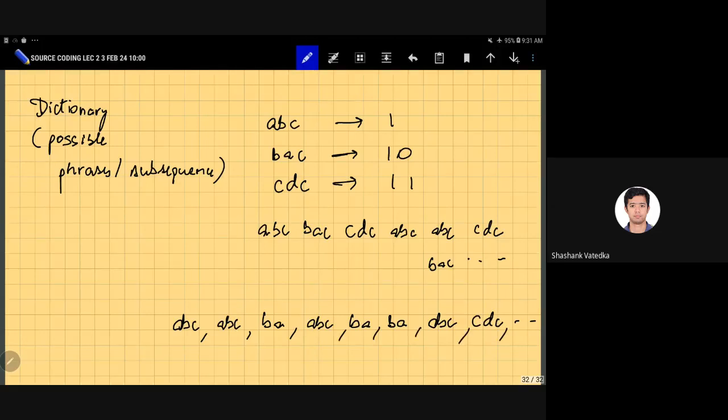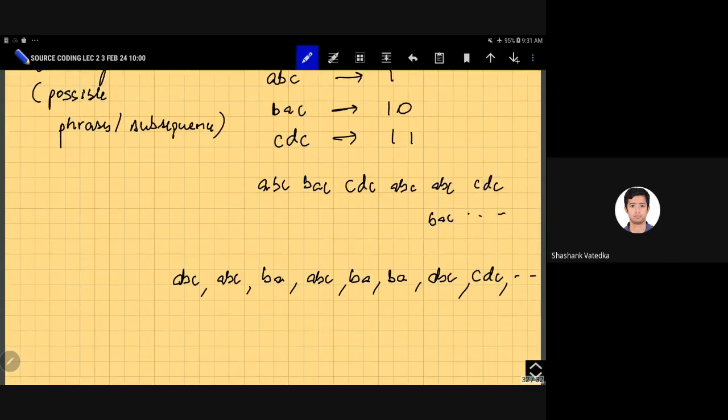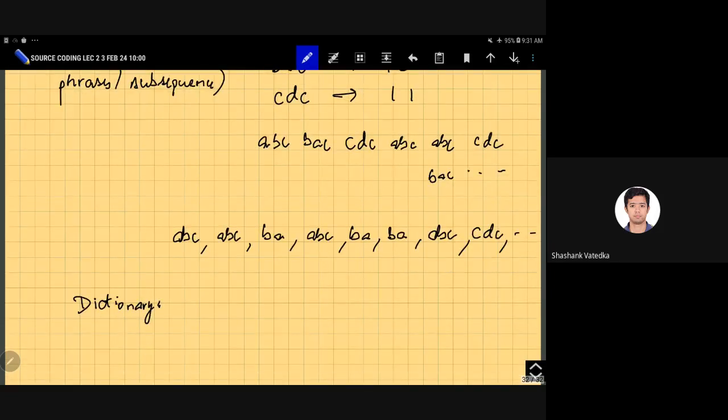You don't really have any other phrase. So the dictionary would consist of all possible phrases for which we have a code word, which in this particular case would be ABC, BA, and CDC.